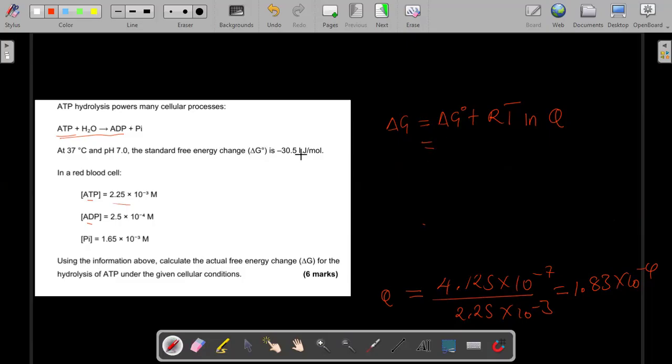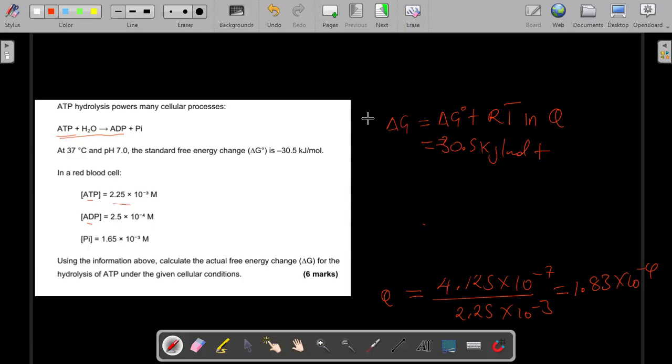So I've been given the standard Gibbs free energy to be negative 30.5 kilojoules. So I'm going to replace that here, which is negative 30.5 kilojoules per mole. Plus, I get the rate constant.